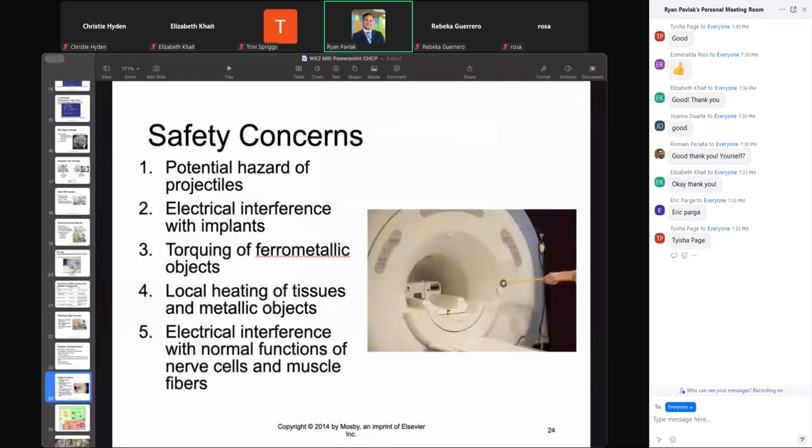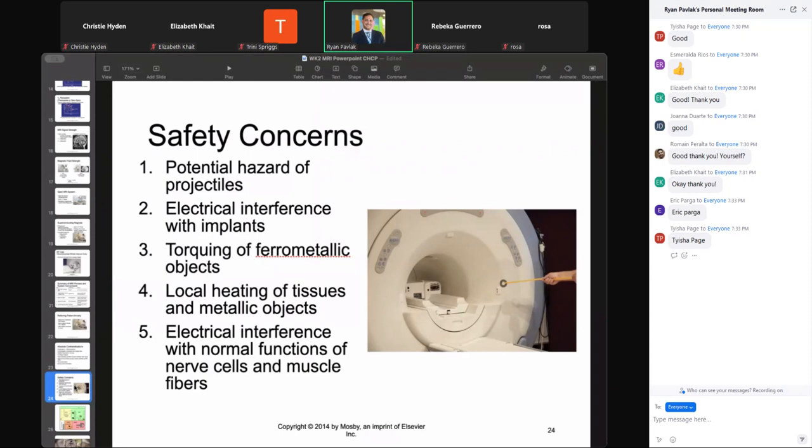Now, safety concerns. Obviously, we're worried about the potential hazard of a projectile. However, there is also electronic interference with implants, either making them stop working or, say you had an insulin pump and you went in and it malfunctioned and it delivered the entire vial of insulin, that's going to throw you into insulin shock and you're going to die.